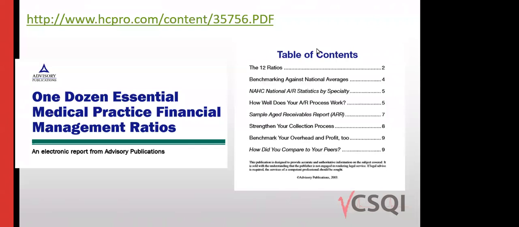Here's another document from Advisory Publications. And I pasted here the front of the document as well as the table of contents to give you a sense as to what's in it. And this comes from HC Pro. The link to this full document is the title of this slide.